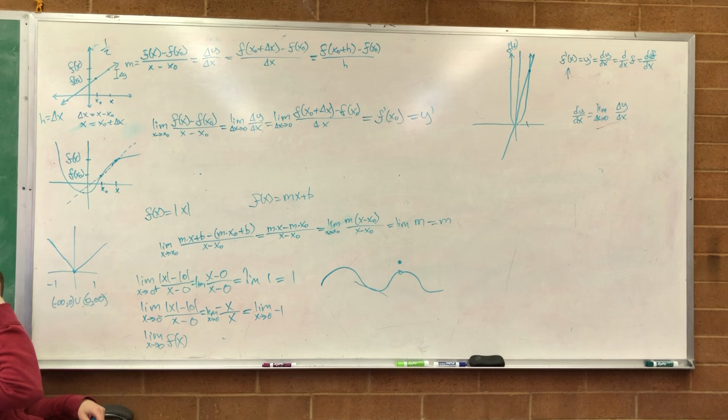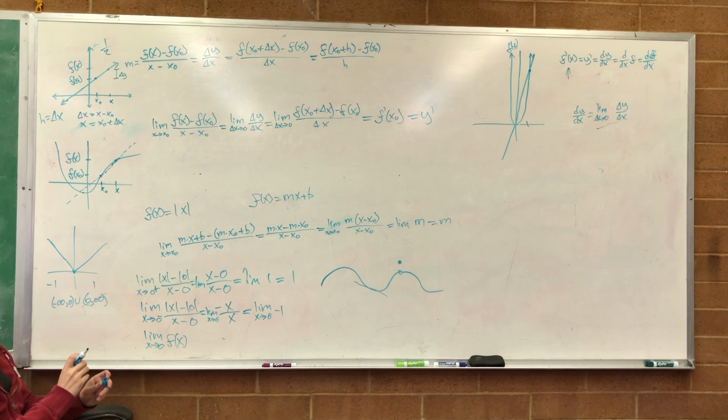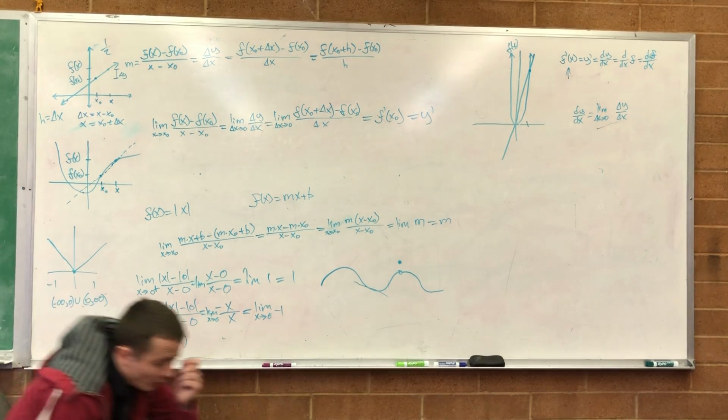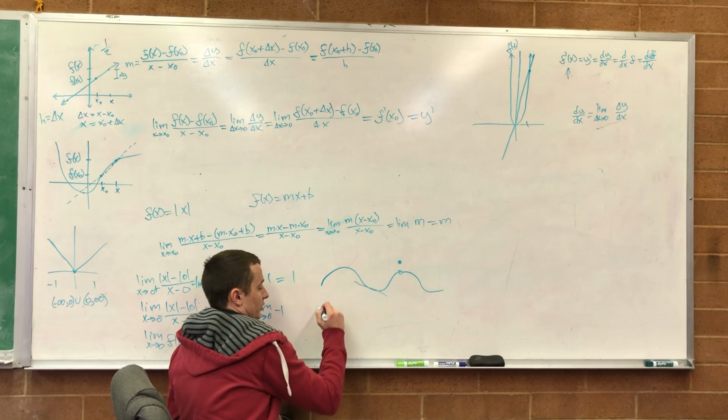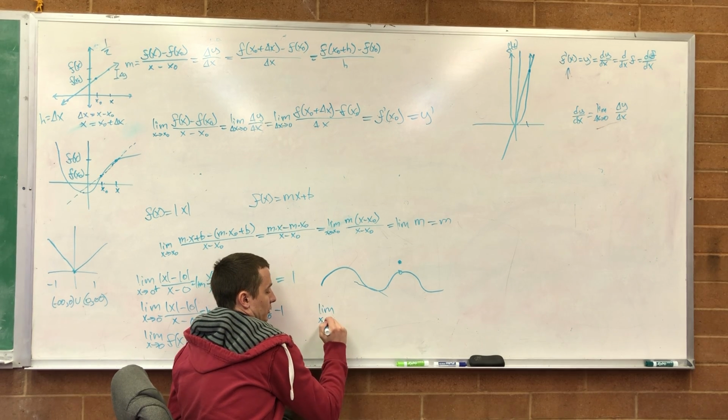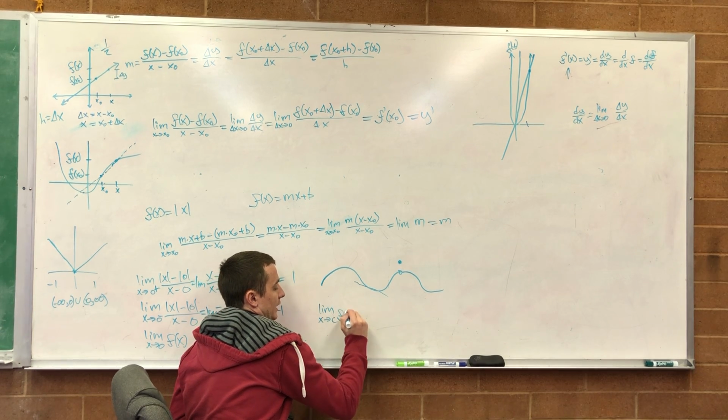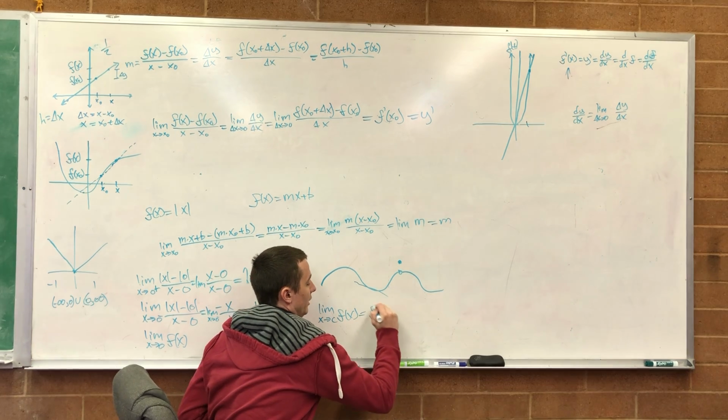Can't you find the limit at that point, even though it's not continuous there? Yes, I can find the limit as the function approaches that point, but that's not what continuous meant. Continuous was the limit as x approaches c of f of x is equal to f of c.